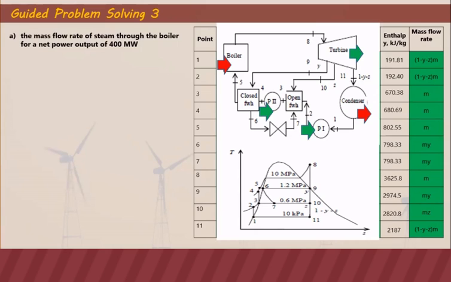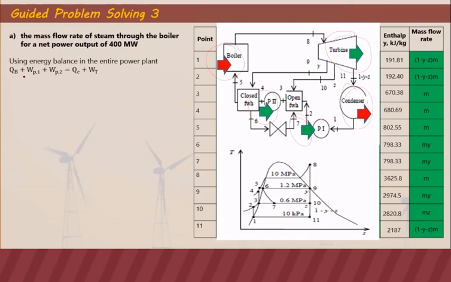The first one is the mass flow rate of steam through the boiler for a net power output of 400 megawatt. Using energy balance in the entire power plant, as you can see here, our energy in are the boiler and the pump work, and our energy out are the turbine and the condenser because it's rejecting heat.